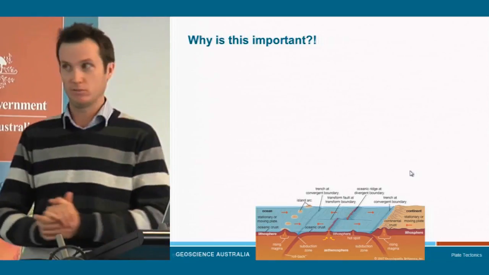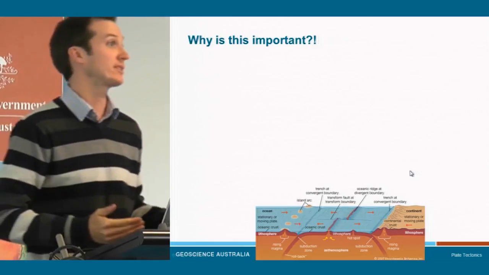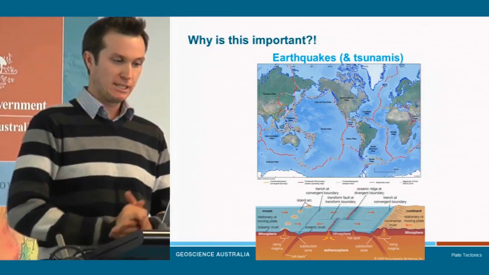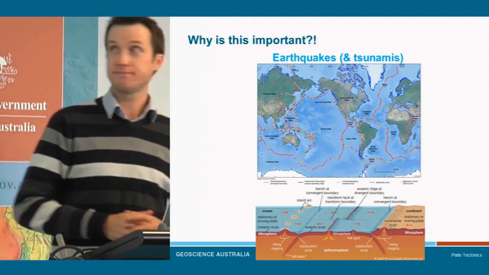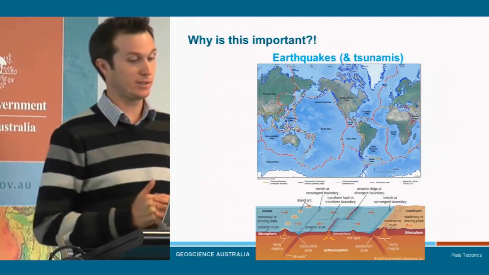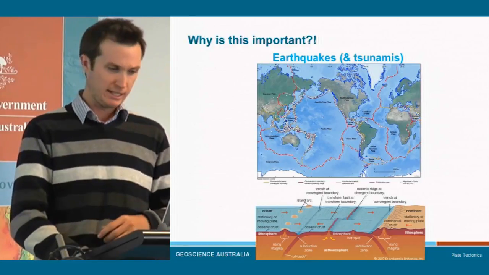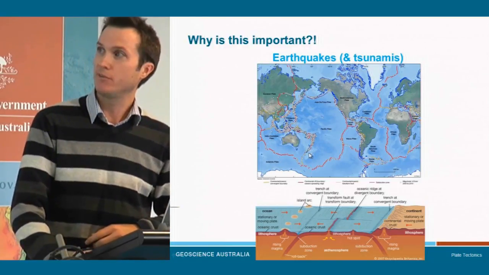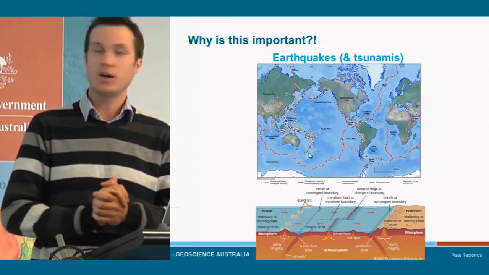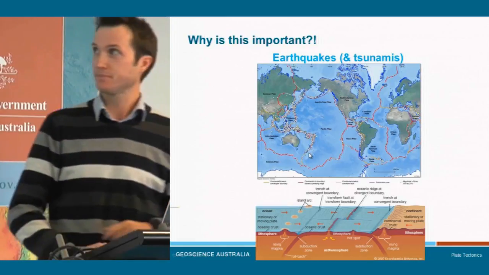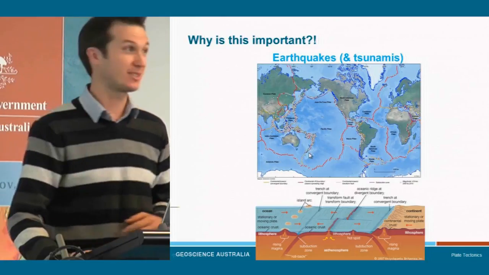So why is all this important? Why is it important for us as humans, and why is it important to understand this for our work at GA? Well, firstly, plate tectonics is one of the major reasons why we have Earth hazards. Two of the main ones I'm going to talk about, the first is earthquakes and the tsunamis that earthquakes may generate. If you have a look at this image here, all these white or beige circles are earthquakes with a magnitude greater than 6 that have happened from 2005 to 2015.